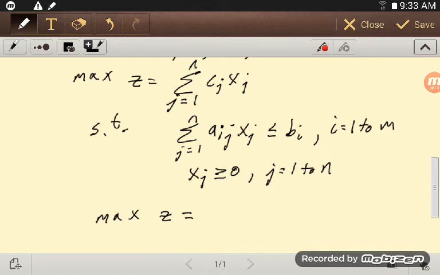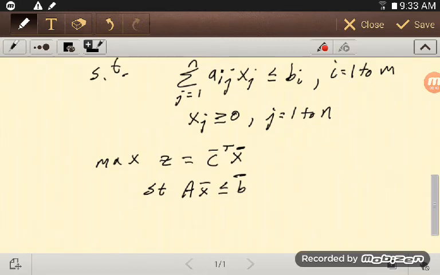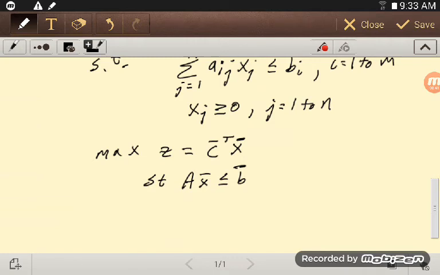So z equals c transpose x, subject to Ax is less than or equal to b, where less than or equal to in a matrix vector situation like this means that each row has a less than or equal to. And then similarly you would write something like x greater than or equal to 0.